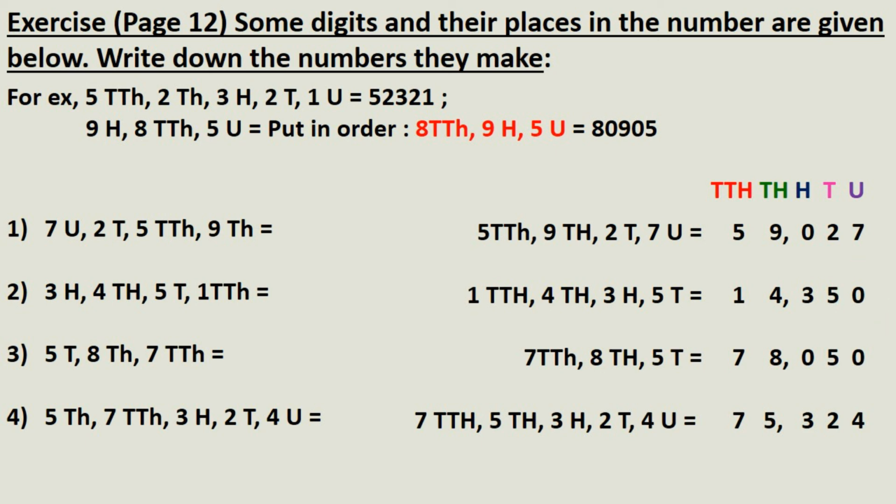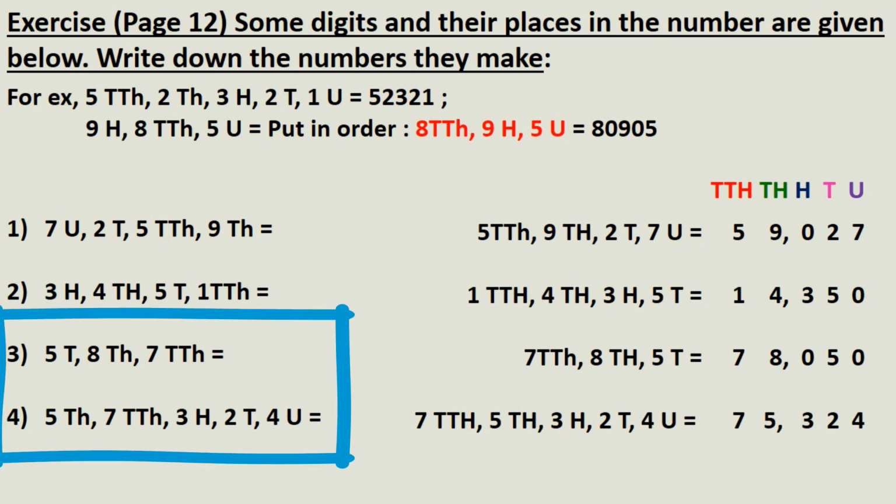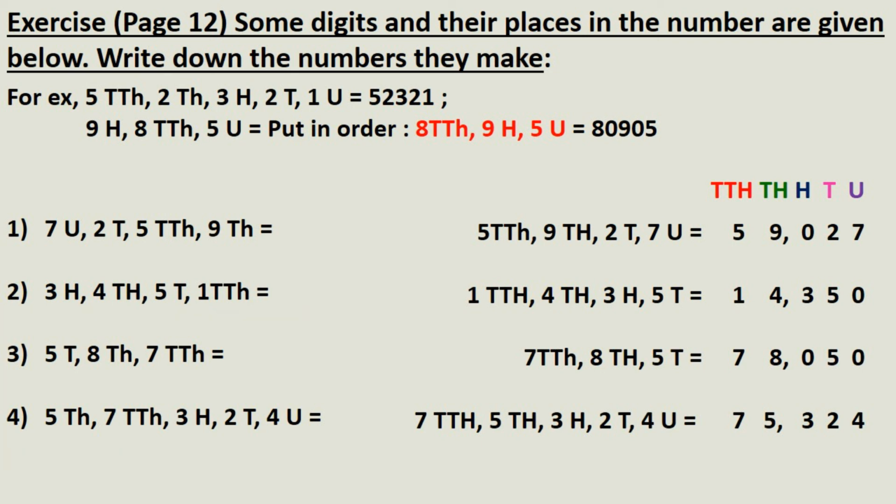So the number that we derive is 14,350. Now children, the remaining sums, third and fourth, you will do it by yourself, and later check to see if your sums are correct in the exercises given to you. I hope you have all understood this topic, expanded form or expanded notation.